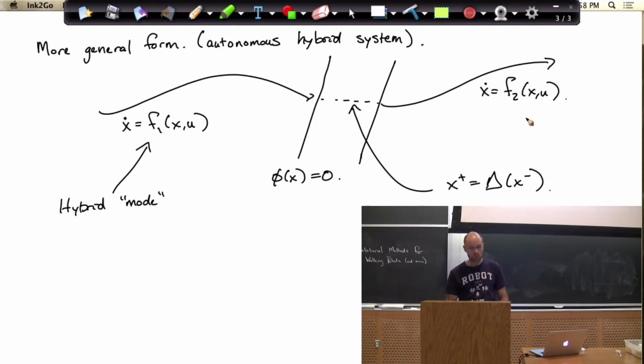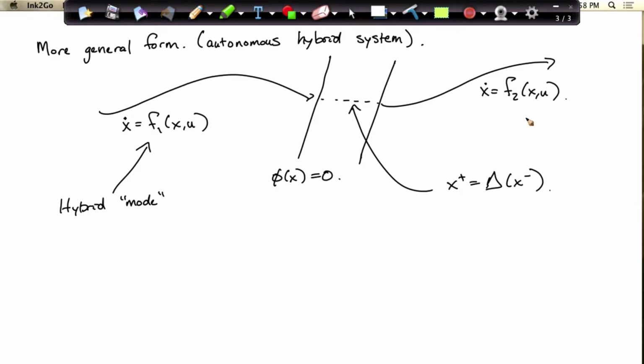This is mode 2. This thing's called a guard, typically. There could be many of them also. This thing's called a reset map or a transition map. And then I'm on to my other continuous mode.